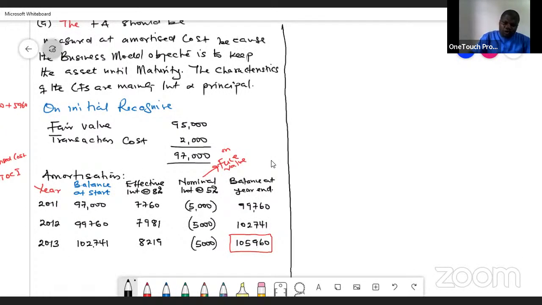So for all the relevant years, we have the income statement. The name is Thomas Limited.